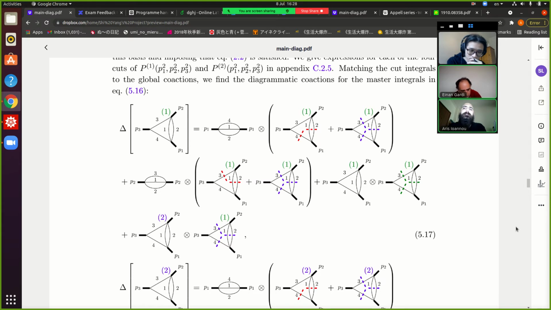I think that's the way it works. Anyway, these 2 integrals have been chosen because they are linearly independent, and they are pure. So once you normalize, they become just pure polylogarithmic functions, at any order. They don't have any mixed weight or things like that that make them difficult.